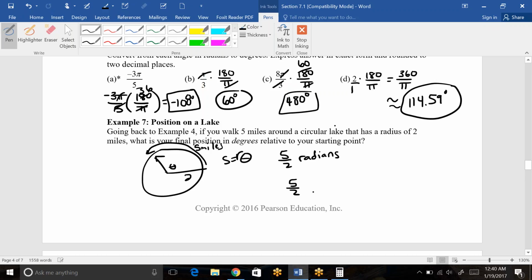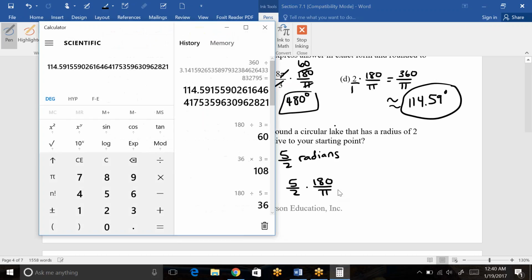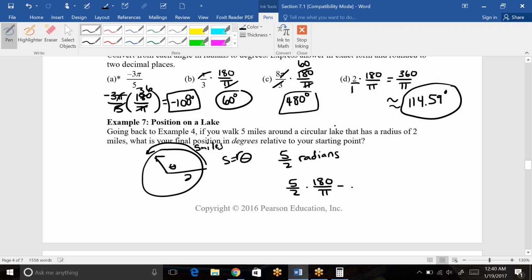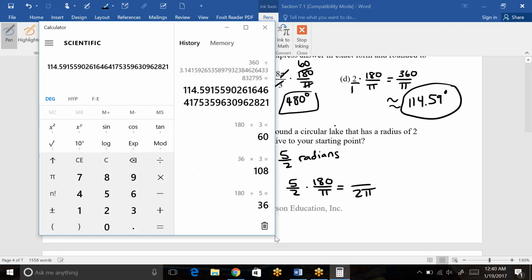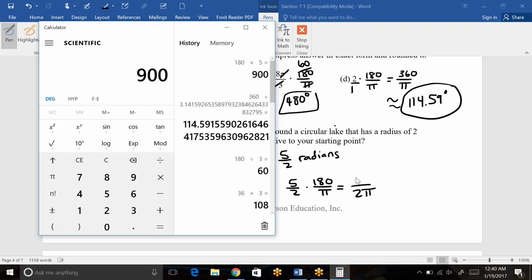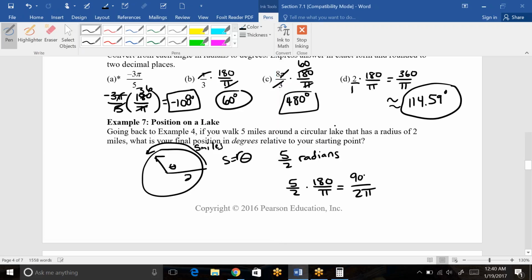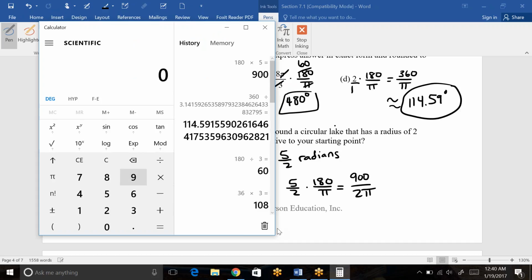So 5/2 is in radians. We want to turn that back into degrees, so it would be the 180 divided by pi. So this would be a 2 pi in the denominator, and 180 times 5 is 900. And we do 900 divided by 2 pi.